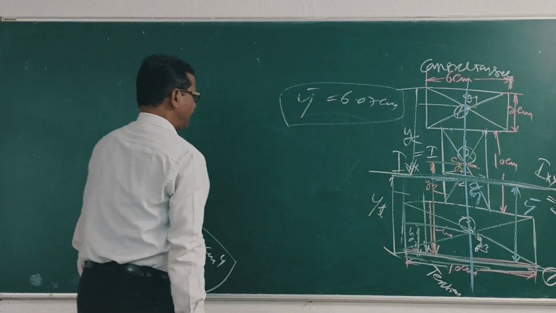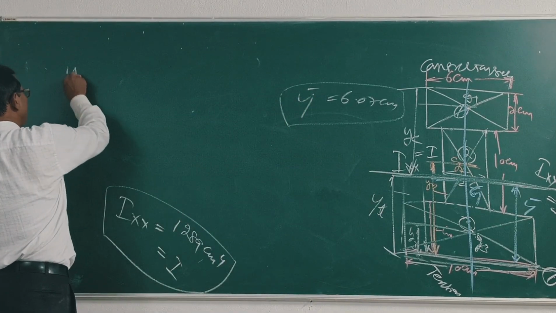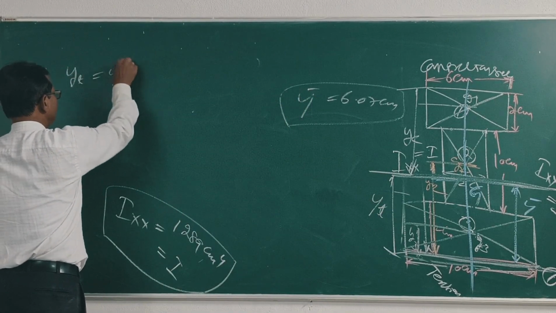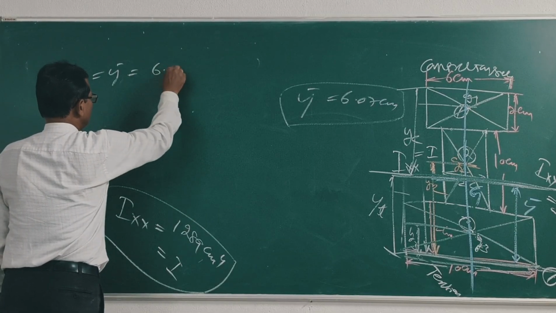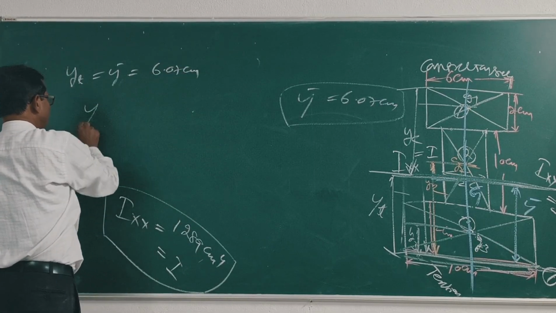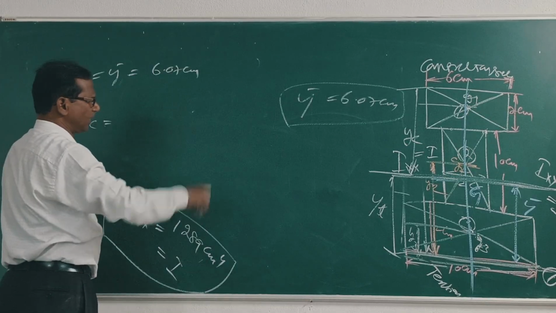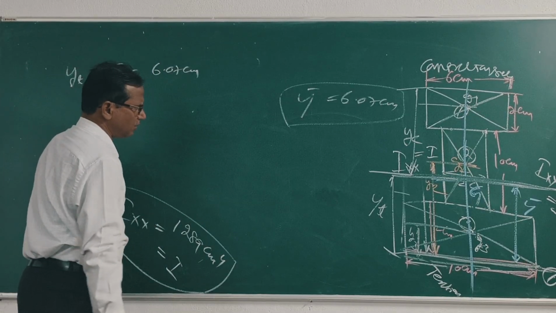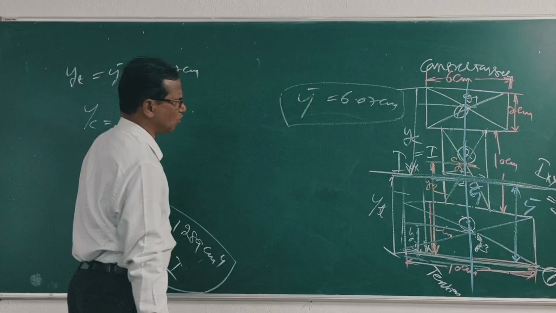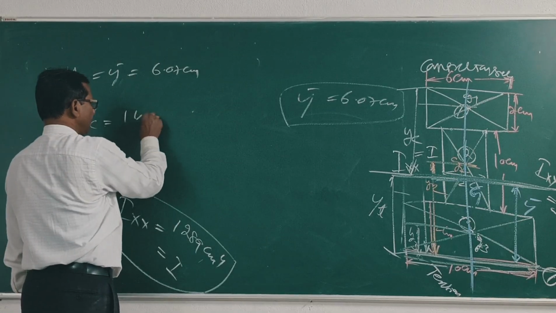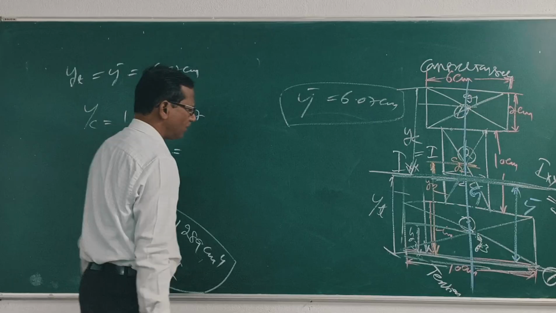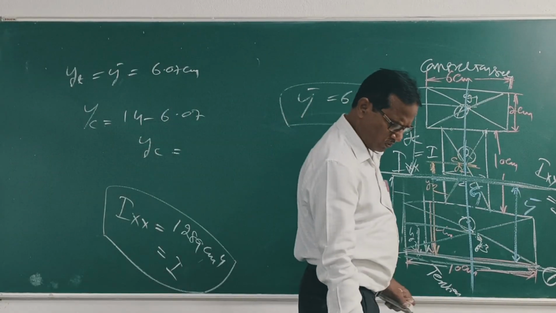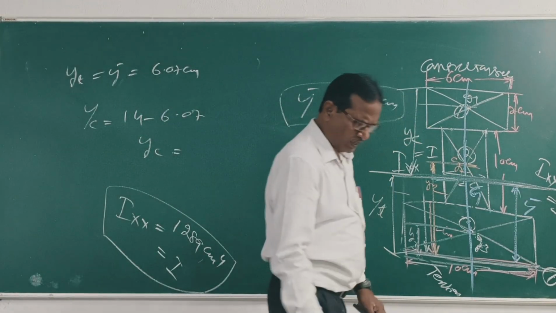Clear? So Yt is equal to y bar, 6.07 cm. Yc is equal to total distance, 10 plus 2 plus 2, 14, minus 6.07. So Yc is equal to 7.93 cm.